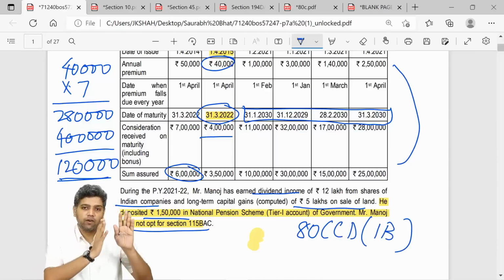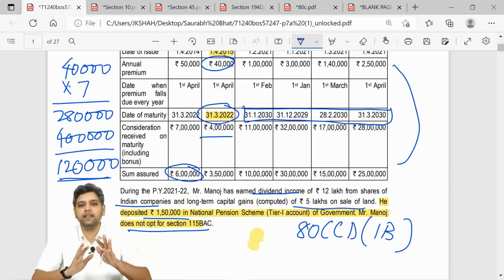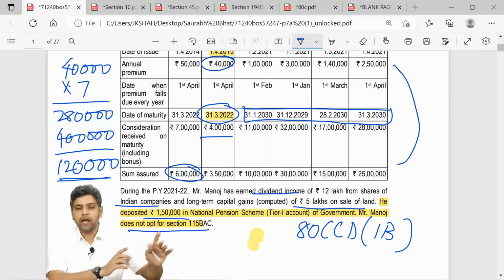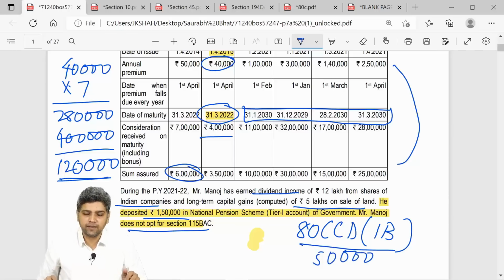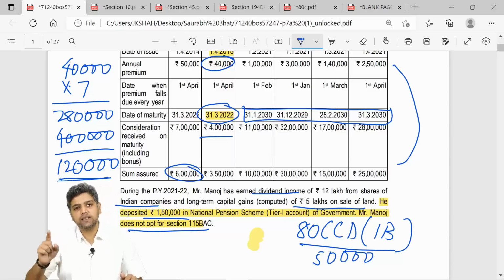So you are getting 80C plus 80CCC, 80CCD subsection 1, 1,50,000. Apart from that, you would get a deduction of 50,000 rupees under section 80CCD subsection 1B on account of contribution to the National Pension Scheme.